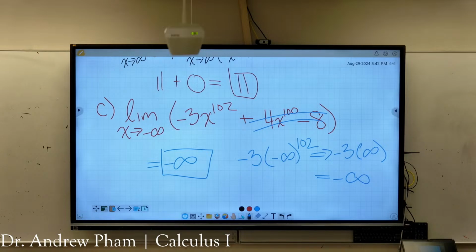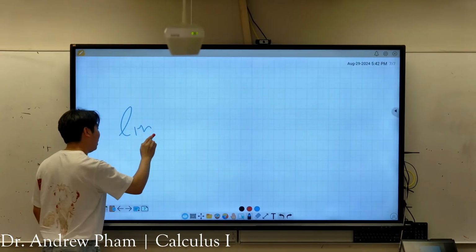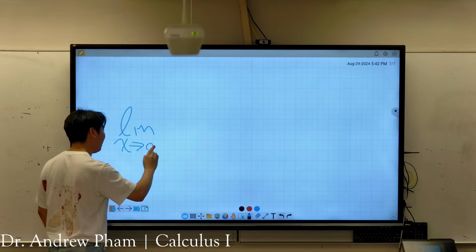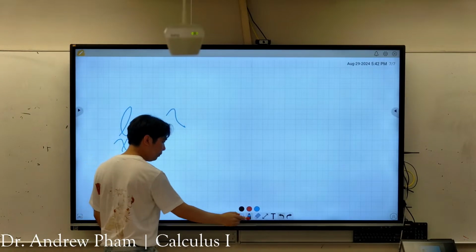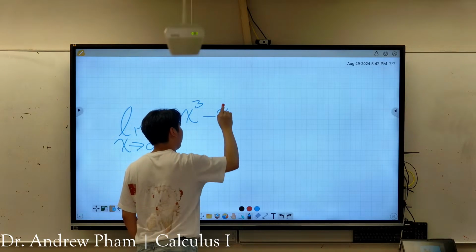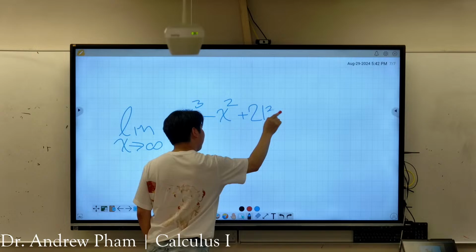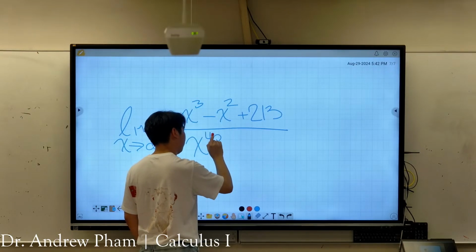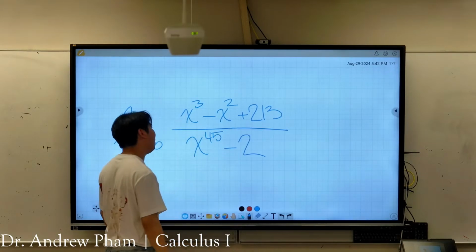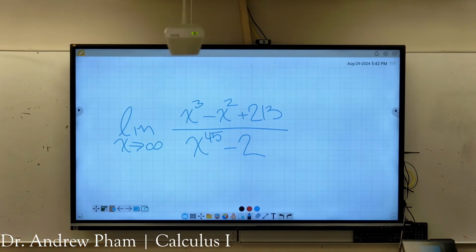Whenever we get to those rational functions, just as a preview for next time, you don't have to write this because we'll cover it next time. You're going to see something like this. I'm going to claim that once we're done with that class on Wednesday, you should be able to look at this and give the answer immediately.